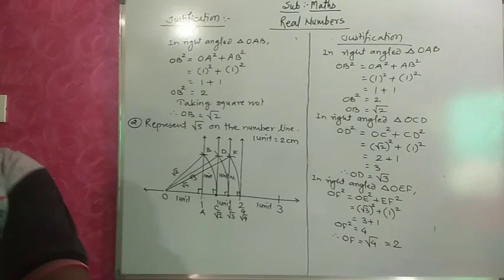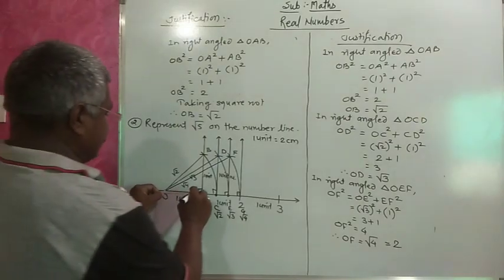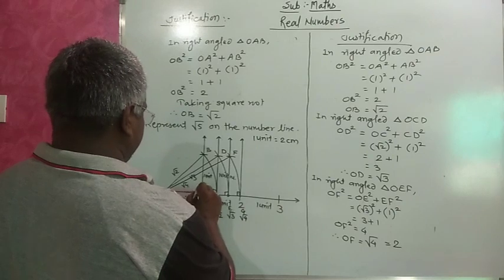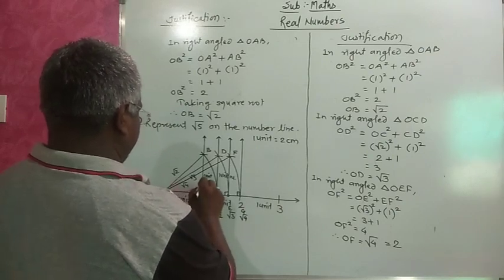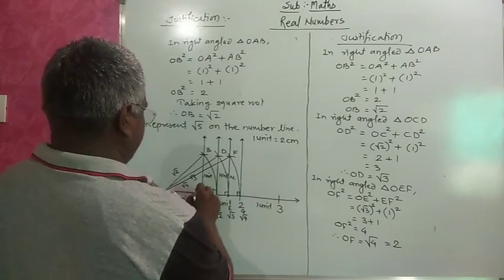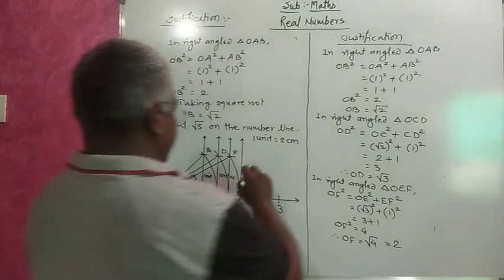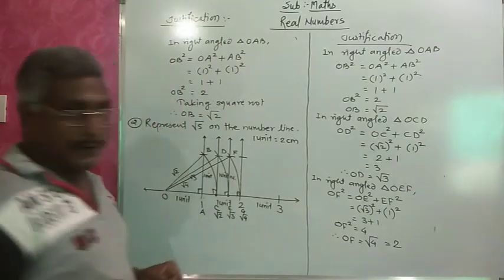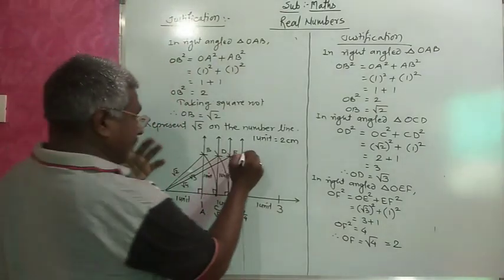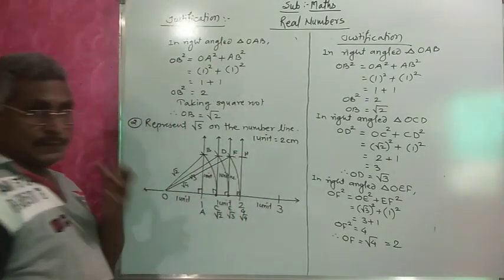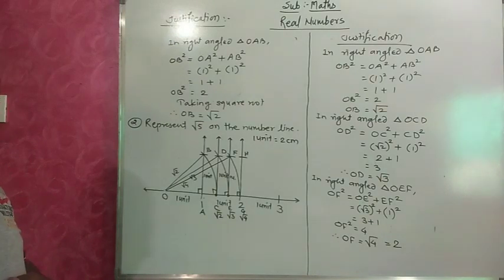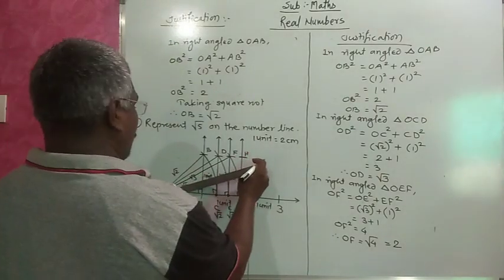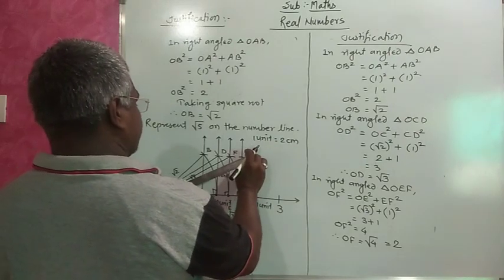Now again 1 unit distance. 1 unit. Here also we have to take 1 unit. Okay. GH. Now join O to H.